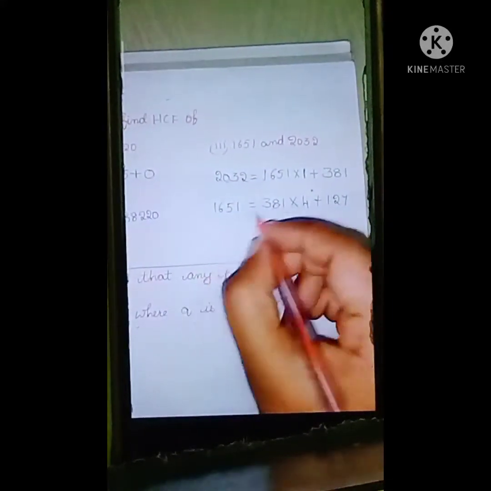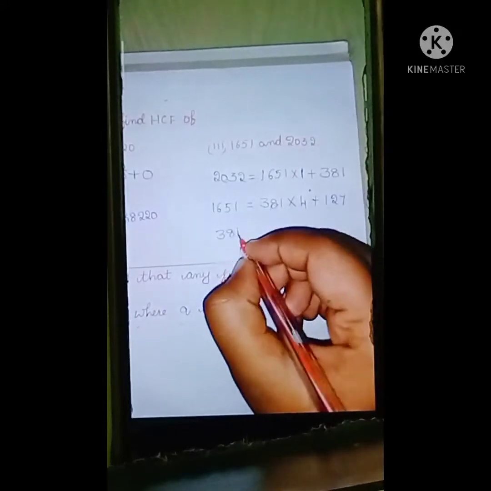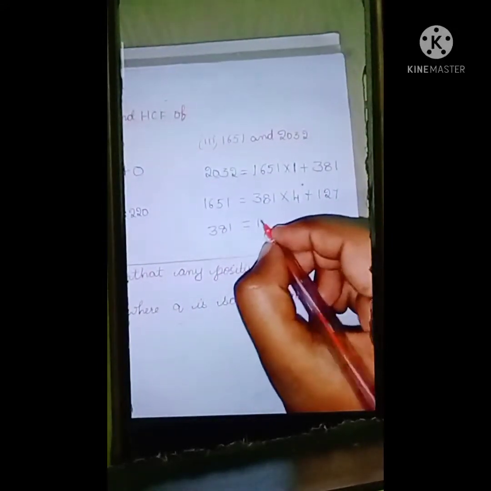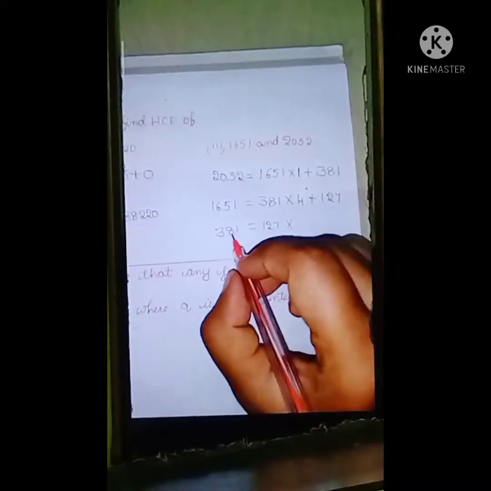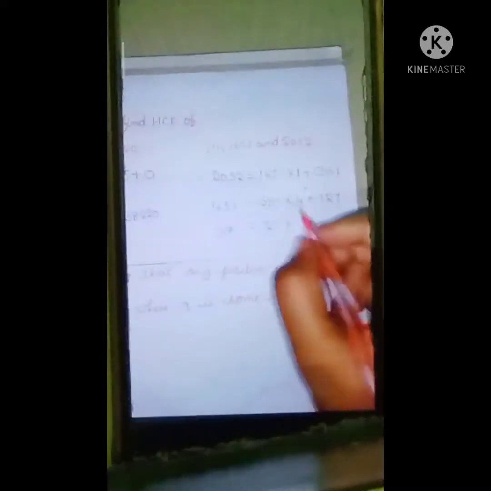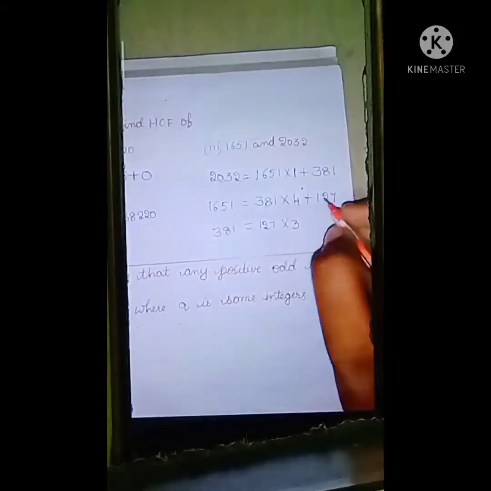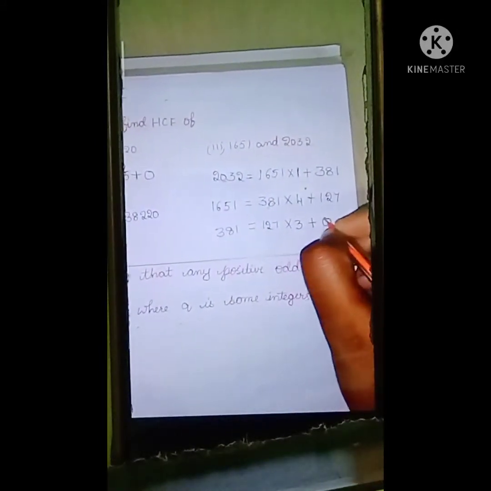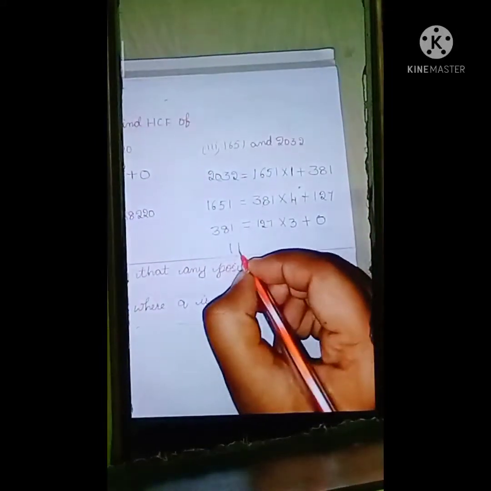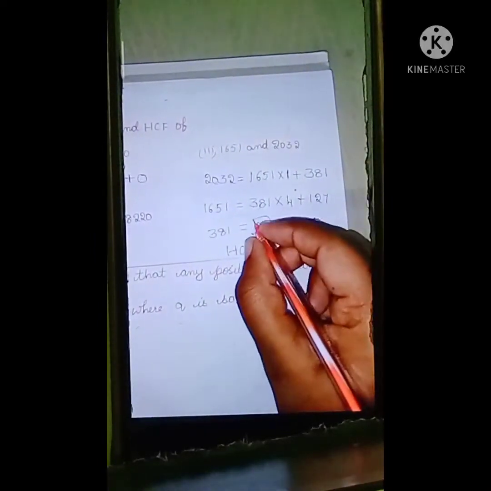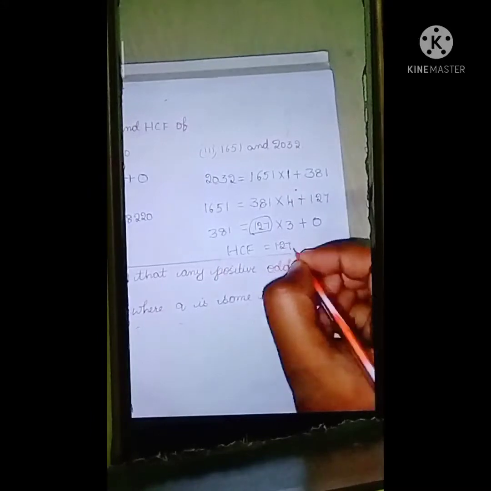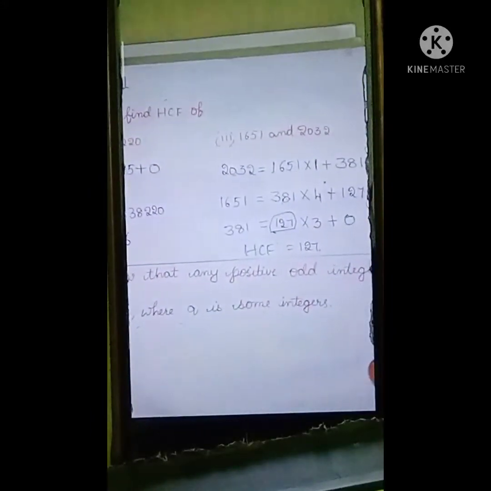And again take 381 as A and 127 as B. 127 times 3 will be 381, so the remainder will become 0. Now the HCF of these two numbers will become 127. See how we find HCF?